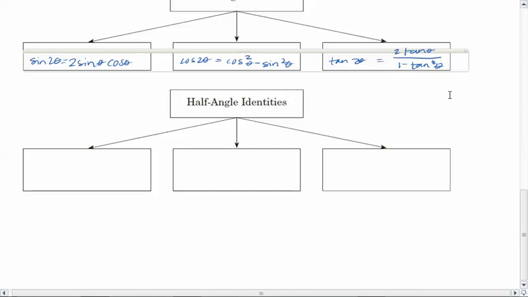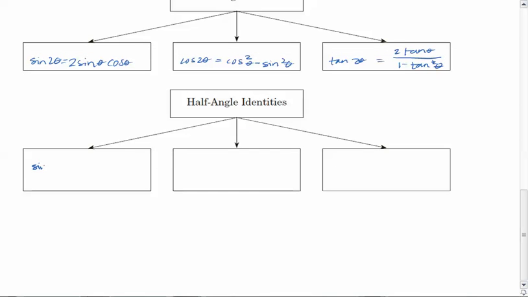And the last one are these half angle identities, which is sine of theta over 2 equals plus or minus, depending on what quadrant you are in for that theta, radical 1 minus cosine theta all over 2.